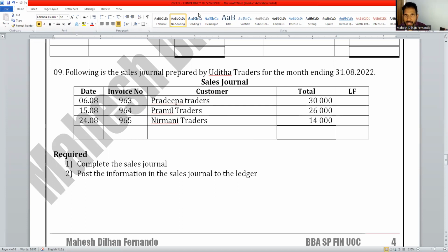To complete it, I have to use this. You have to say the month is 31st of August.